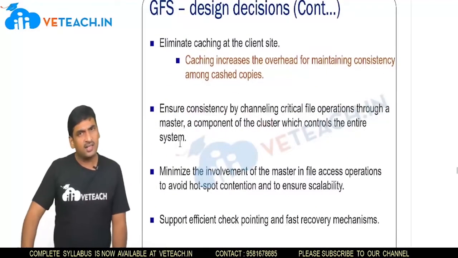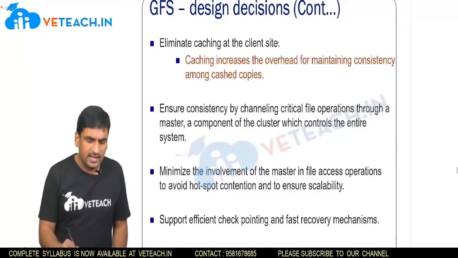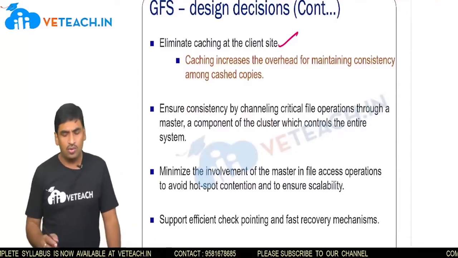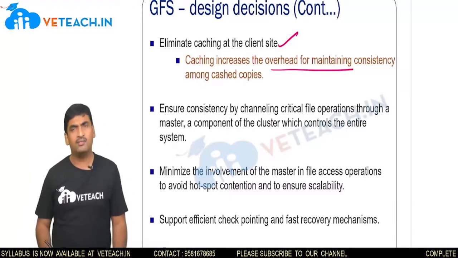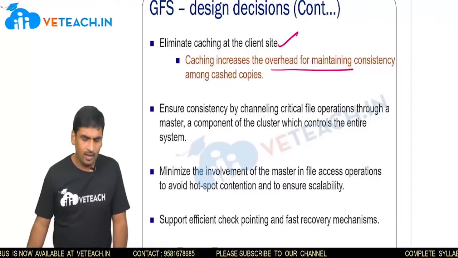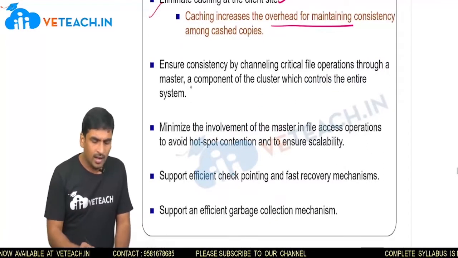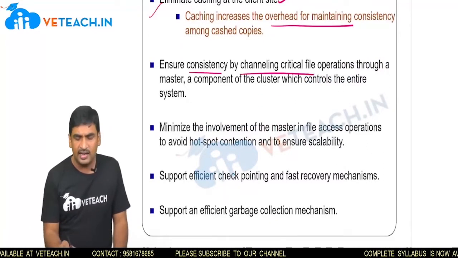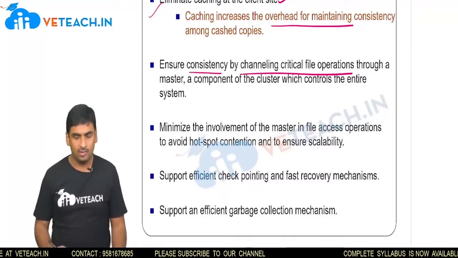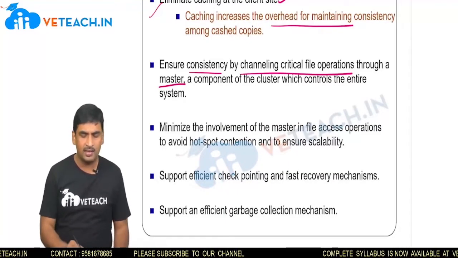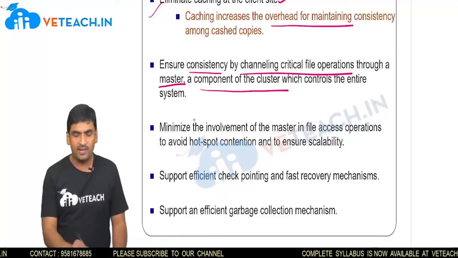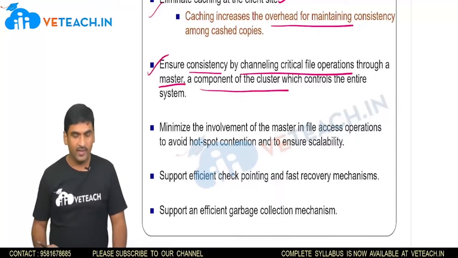The design decisions continue here. Caching is eliminated so as to avoid the overhead of maintaining cached copies. Then consistency is ensured by channeling critical file operations through the master, a component of the cluster which controls the entire system.